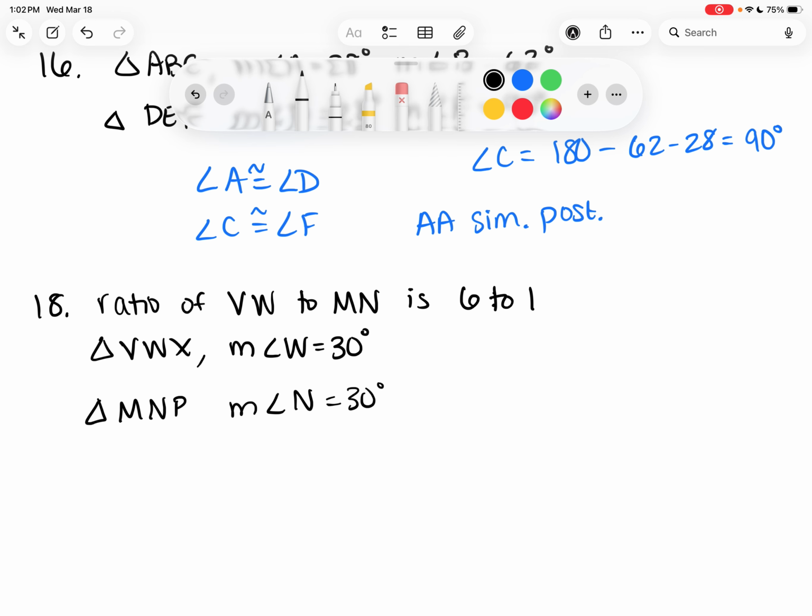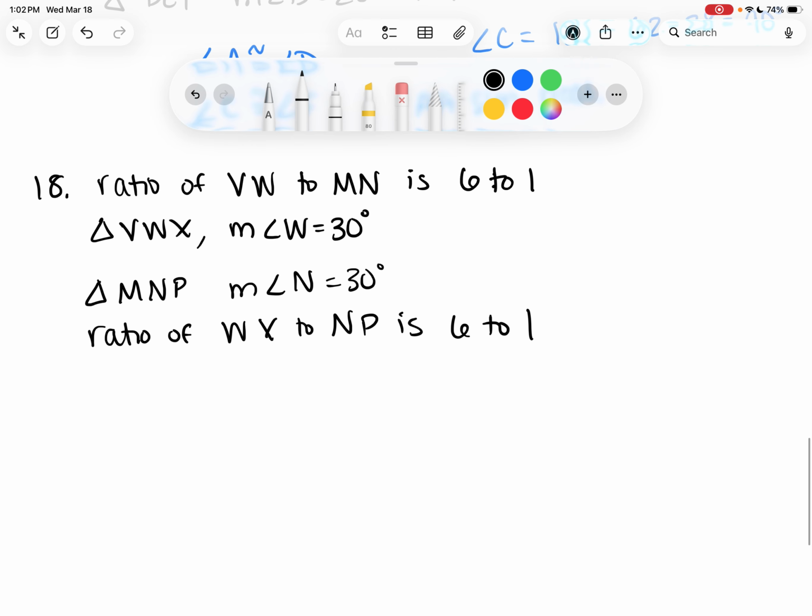The ratio of WX to NP is 6:1. So, do I have enough information to determine if these are similar or not? And if so, what can I use to say that? And if not, what do I need to do?